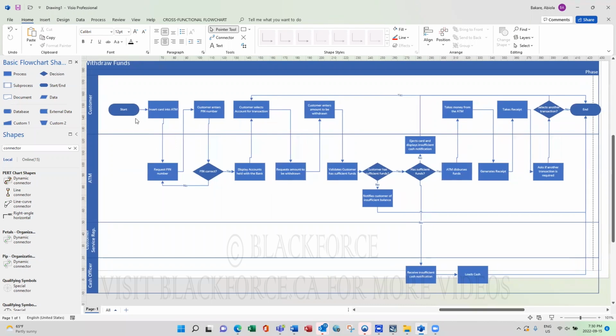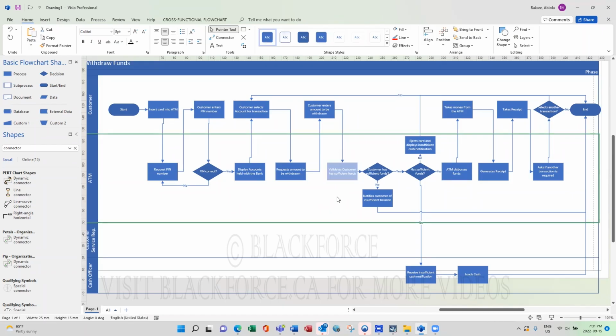So, customer inserts card into ATM, ATM requests PIN, customer enters PIN, PIN correct, yes, ATM displays accounts held with the bank, PIN correct, no, it takes us back to request PIN. Let's look at the happy path. ATM displays accounts held with the bank, customer selects account for transaction, ATM requests amount to be withdrawn, customer enters amount to be withdrawn, ATM validates, customer has sufficient funds.